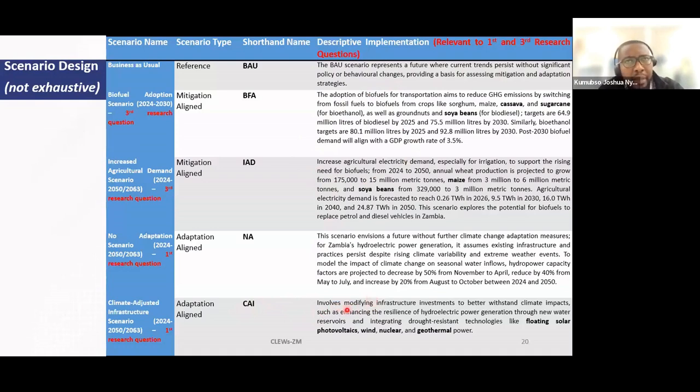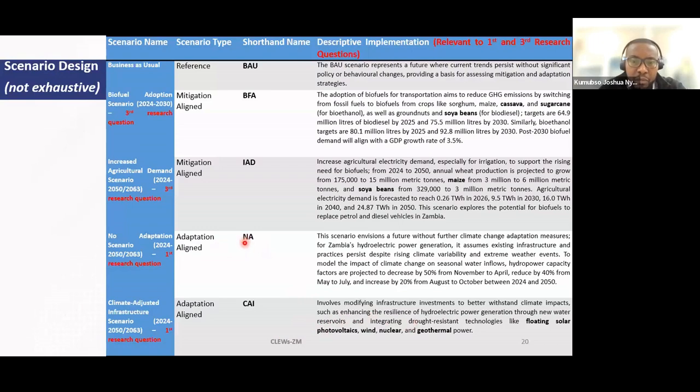I think it's also imperative to note that while at least the southern circuit in Zambia is impacted by droughts, the northern circuit is actually rich in water bodies. So this scenario looks at exploring, not necessarily neglecting hydro, but ensuring that future investments in hydro leverage the rich water bodies in the northern circuit, which is the northern part of Zambia.